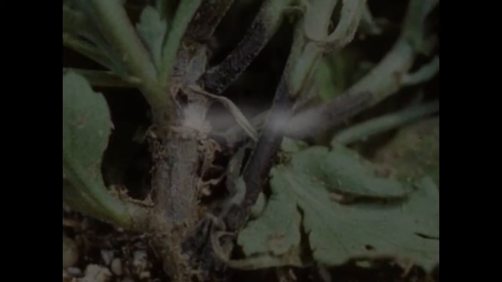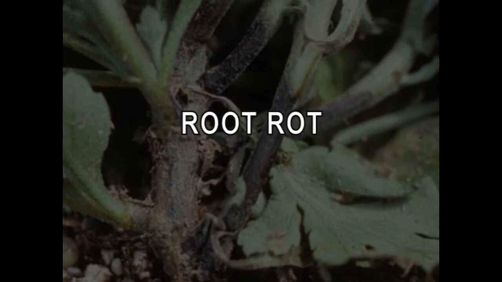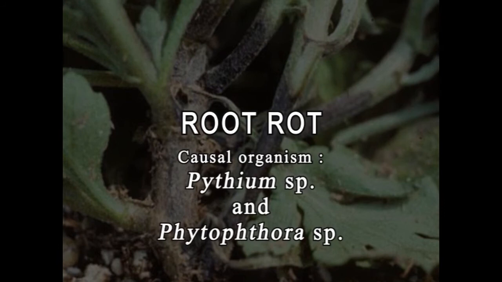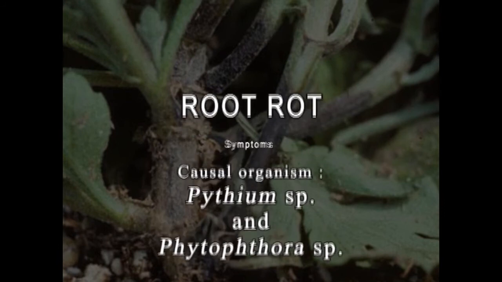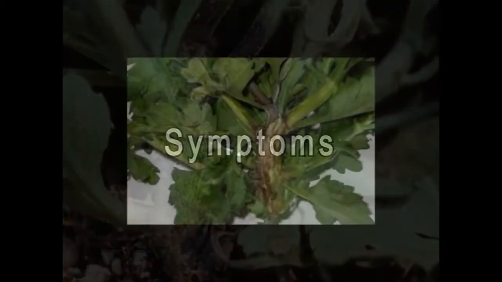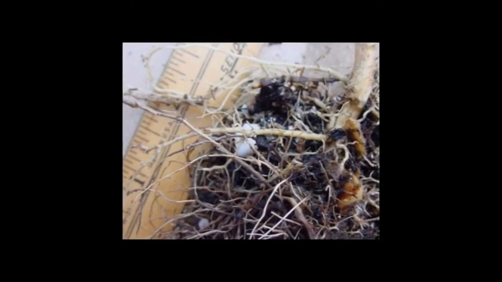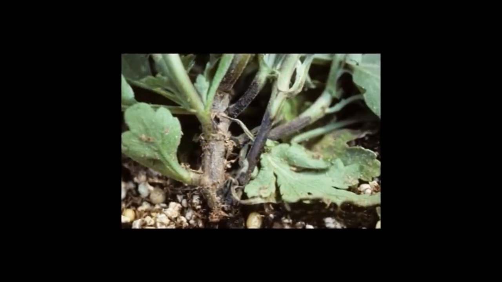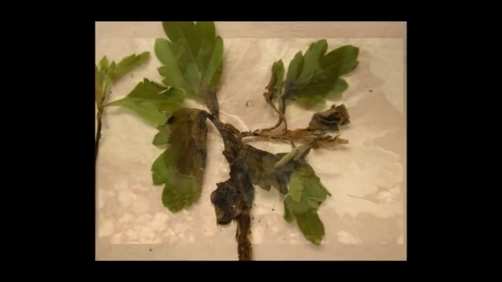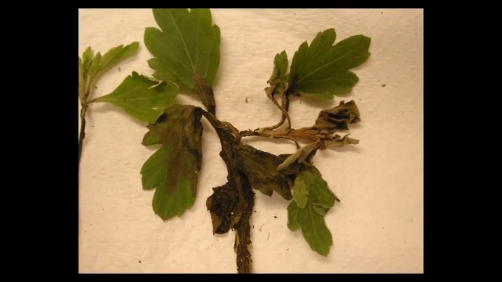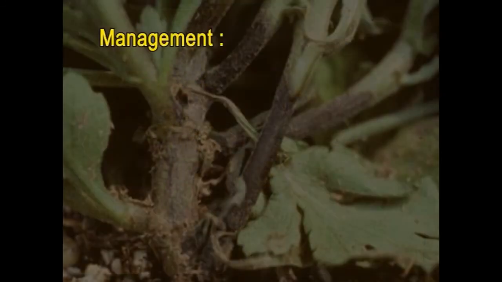Let's see the next disease, that is the root rot. It is caused by Pythium species and Phytophthora species. Symptoms of the disease: infected plant roots, stems or leaves show sudden wilting. Now let's see how to manage this disease.